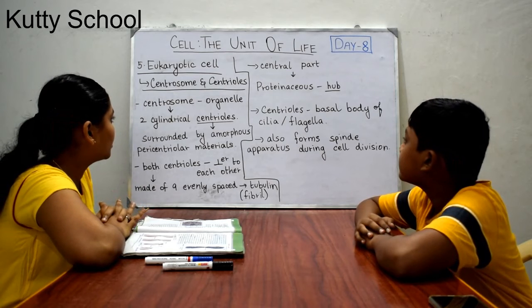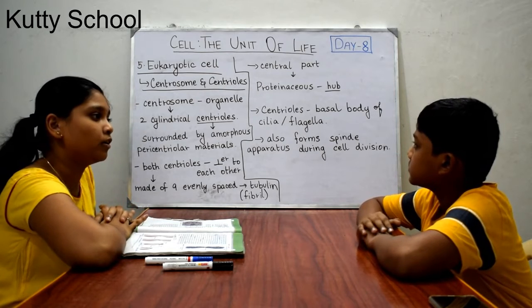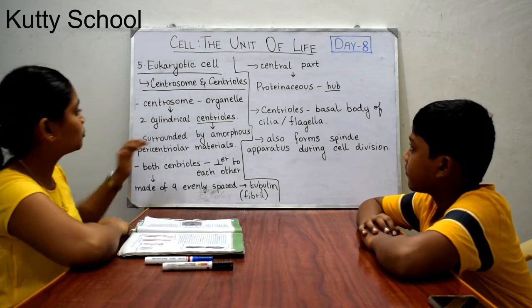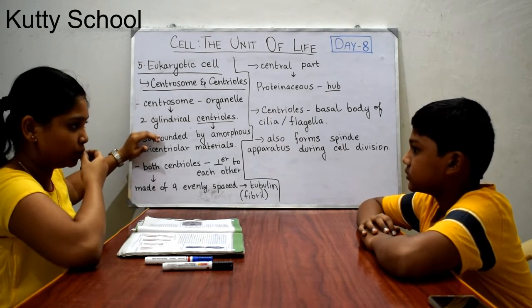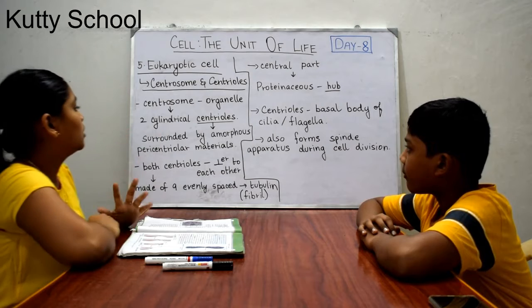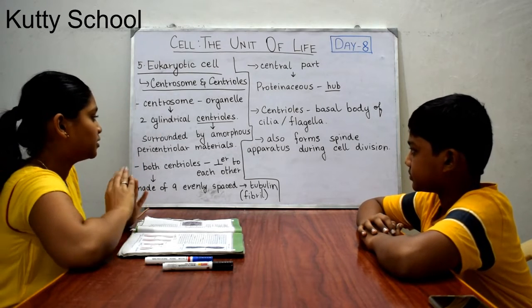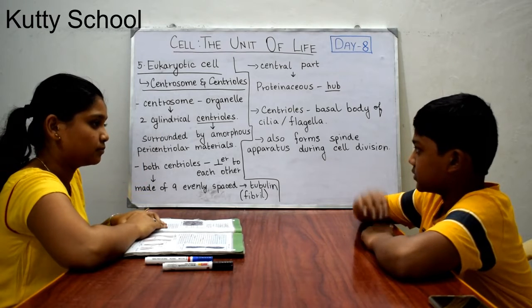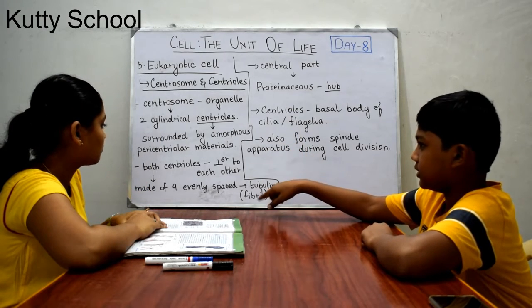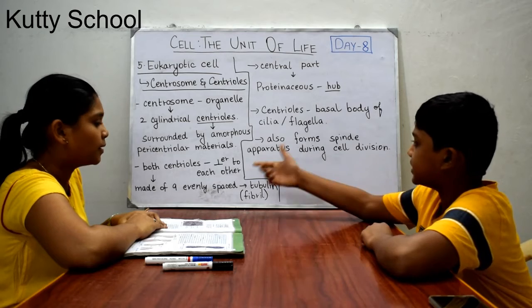Here the centrosome is an organelle. It is composed of two cylindrical structures called centrioles. These centrioles are surrounded by amorphous pericentriolar material.